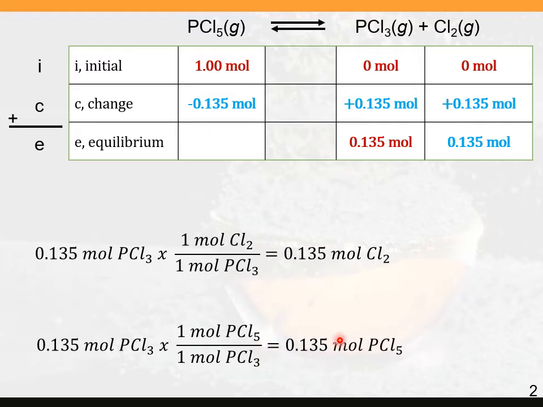The quantity is 0.135 calculated through stoichiometry, but the sign is negative because the amount is decreasing as this reactant is consumed in the forward reaction. Therefore, the equilibrium amount is going to be 1 minus 0.135, which is 0.865 moles. Because the question was asking the molar composition of the equilibrium mixture, the quantities in moles in the equilibrium line is the answer to the question.